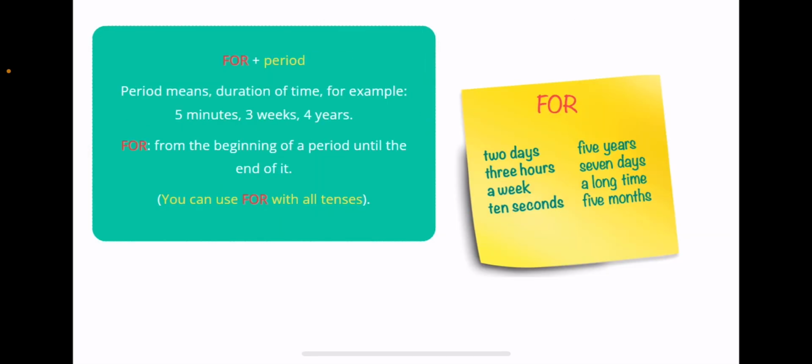Now, how can we talk about time when we use the present perfect continuous? There are two words that are important to talk about time, and they are for and since.